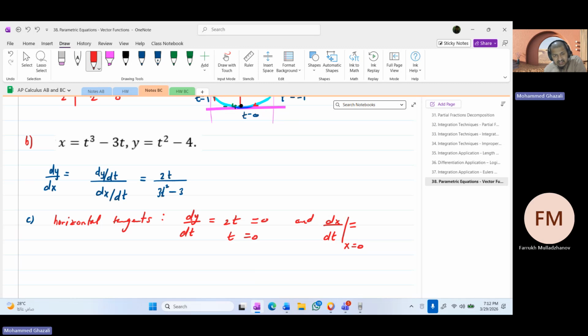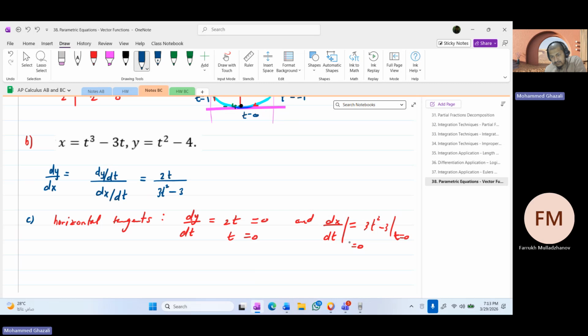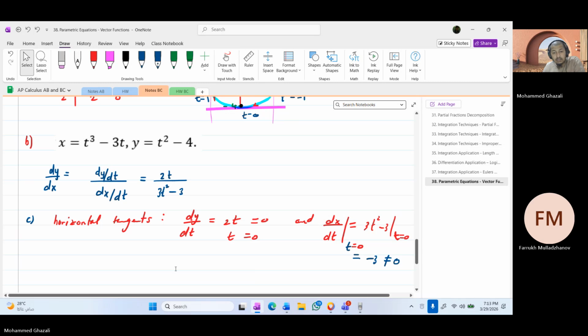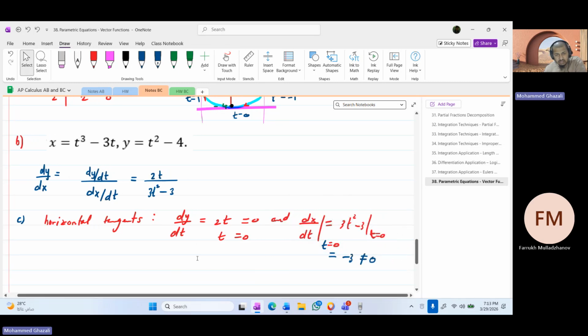Evaluating it at t equals 0, not x equals 0, you get negative 3. And you can clearly see negative 3 is not equal to 0. So you only have a single horizontal tangent, at t equals 0.